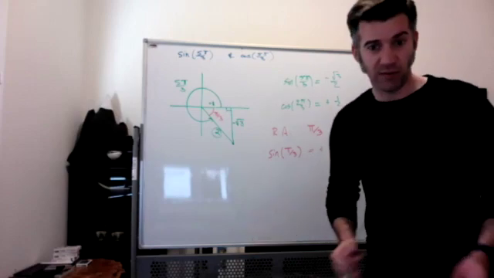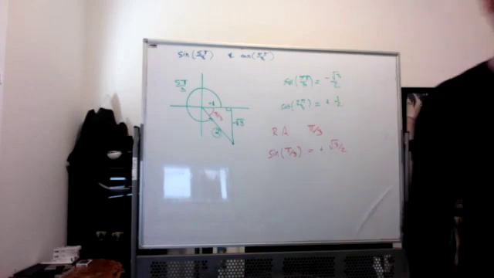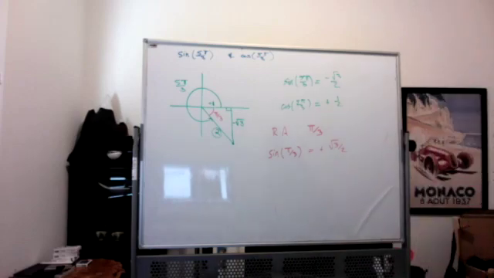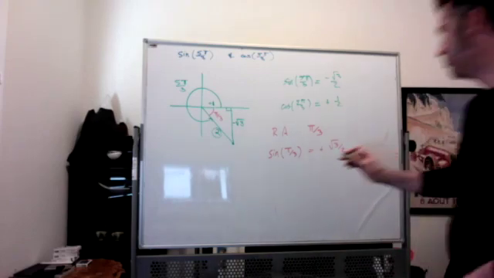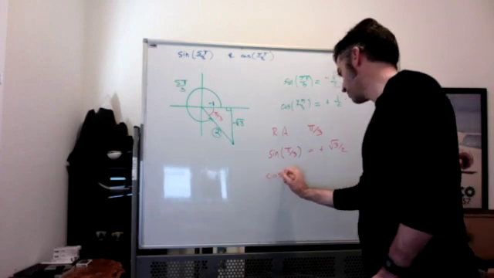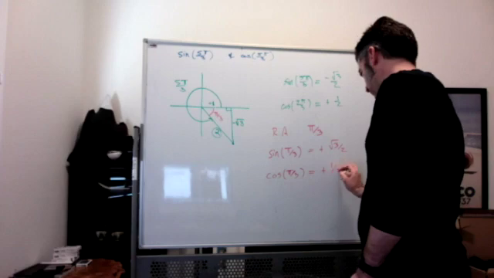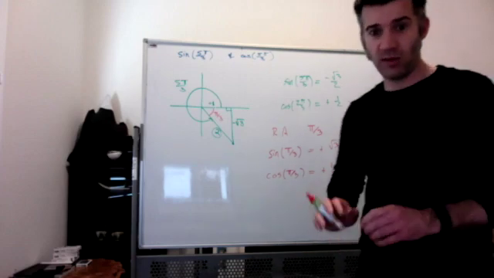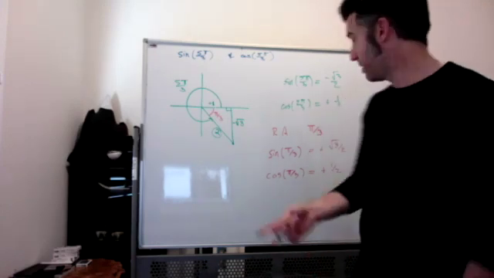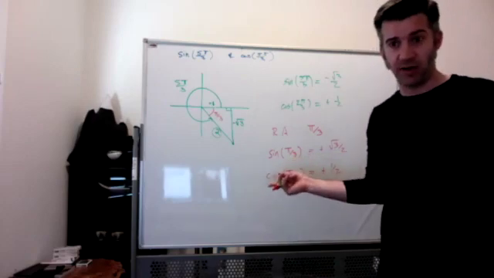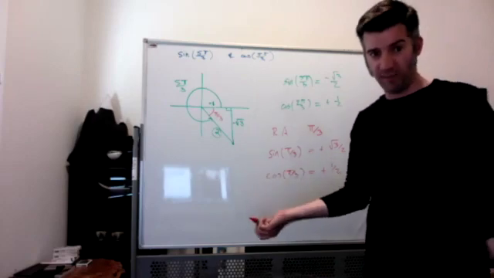And any angle in the 1st quadrant is going to give you a positive result. And I also know that cosine of pi over 3 is equal to positive 1/2. And then here's what we do to adjust. Because this actually isn't the angle we want to find sine and cosine of. We want to find sine and cosine of 5 pi over 3.